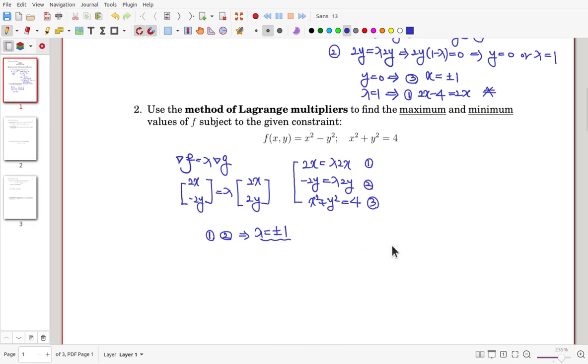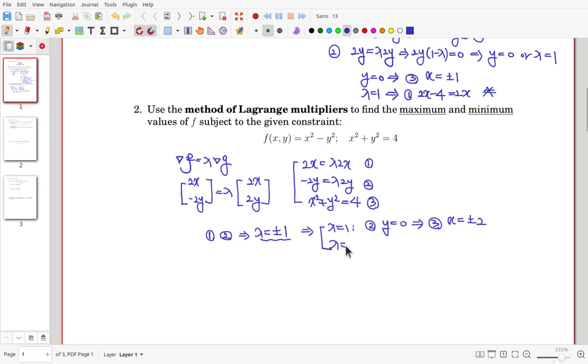When lambda is 1, from the second equation, y must be 0. Y being 0 means that from equation 3, x is plus minus 2.